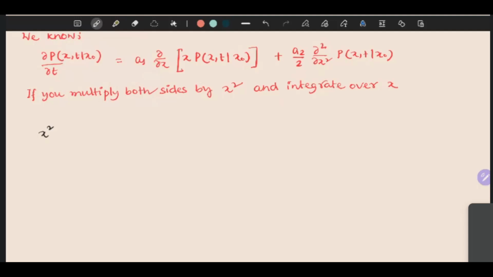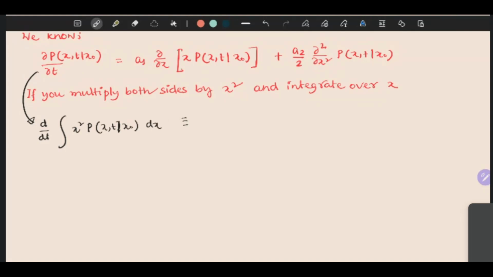So the first term becomes ddt of x square pxt x naught dx.